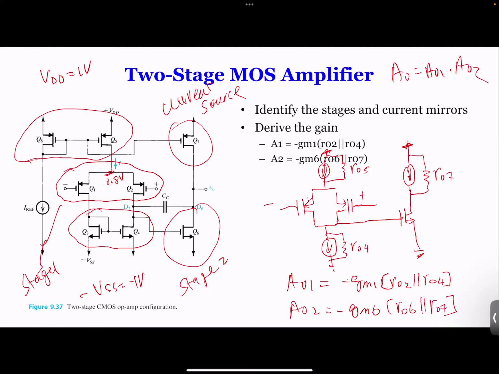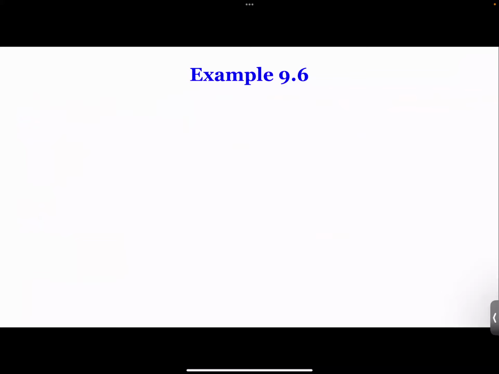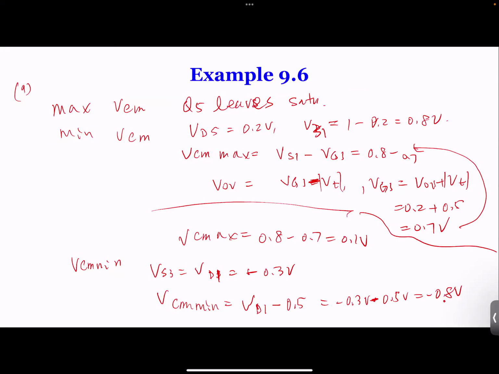So minus 0.3 minus VT gives you minus 0.8 volts. So now you got the input common range between minus 0.8 and 0.1 volt. So that's your range.